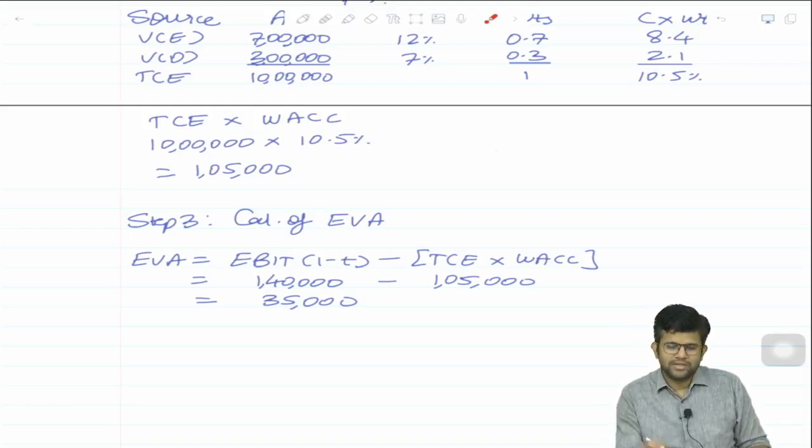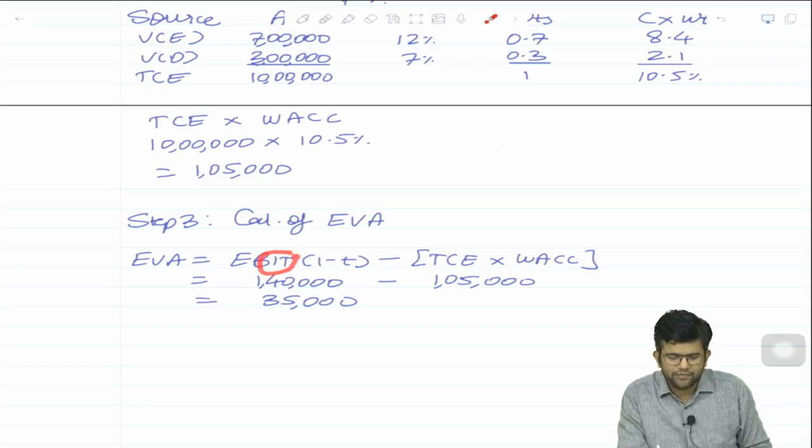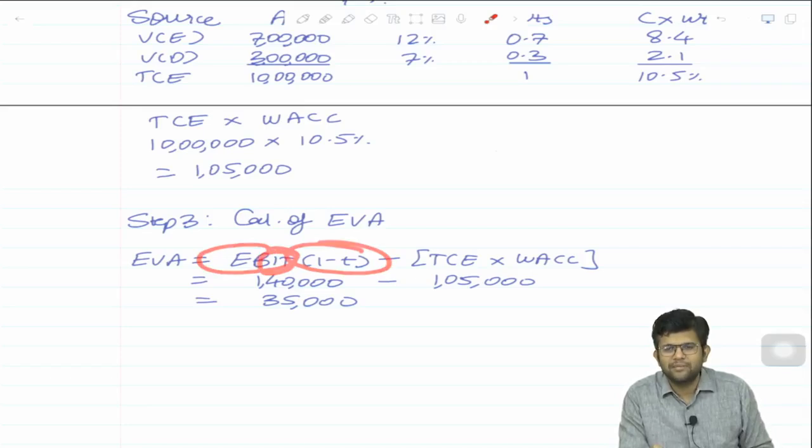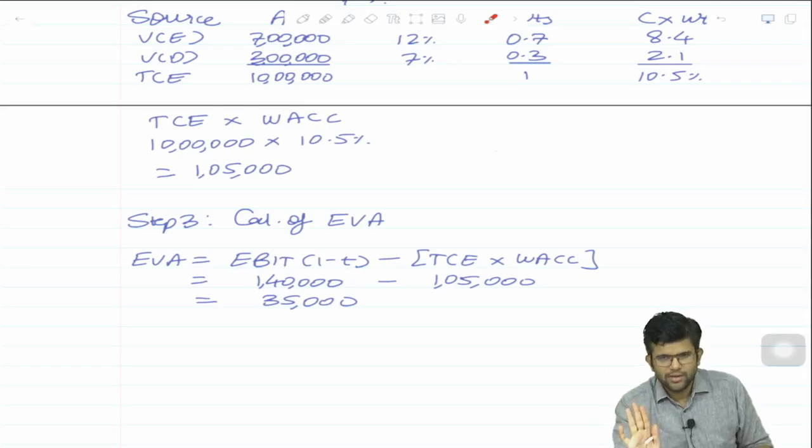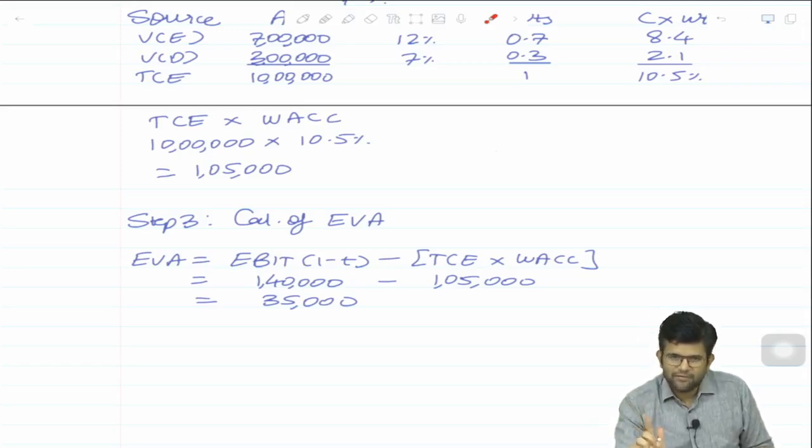So what is the middle way that this formula takes? It takes a before-interest profit and then multiplies by 1 minus t. You understood? It has to be before interest. Why does it have to be after tax? Because the tax amount will go to government, it will not go to these people.